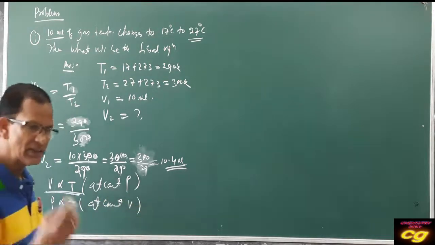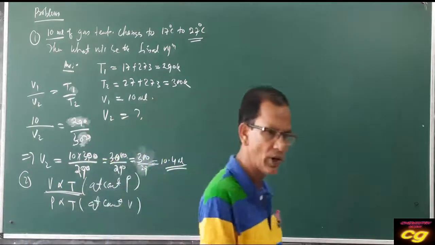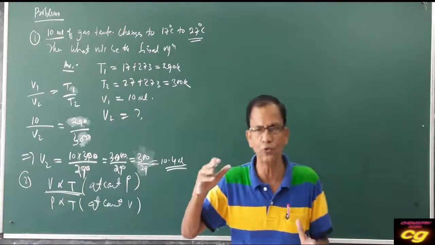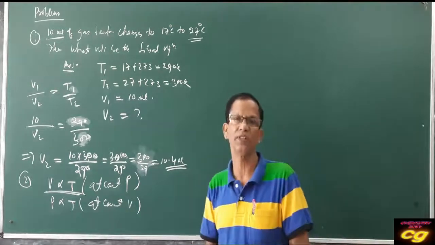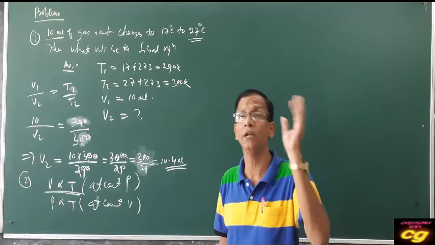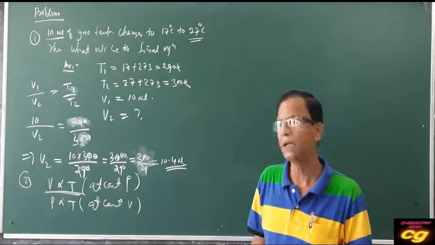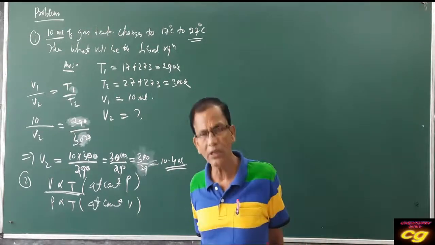So when the tire attains the maximum volume, then with further increase in temperature the volume will not increase, the pressure will be very high. When pressure is very high, automatically the tire will burst.